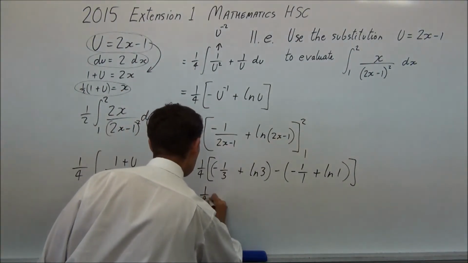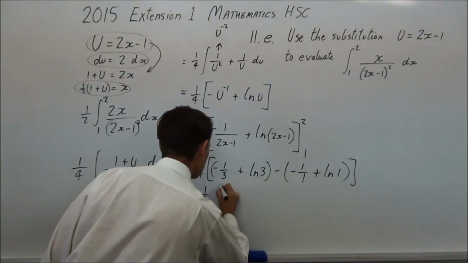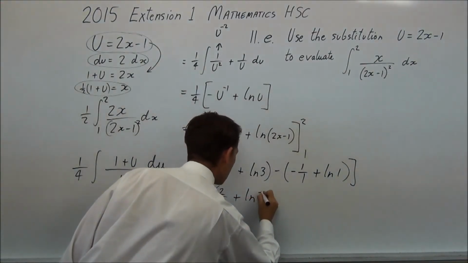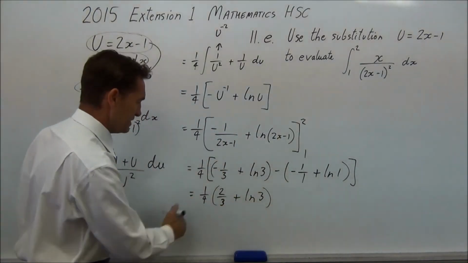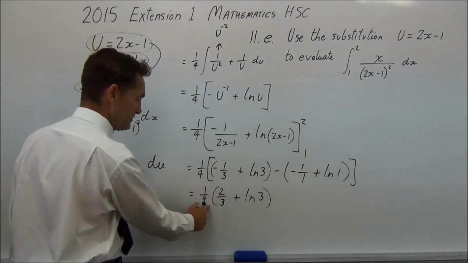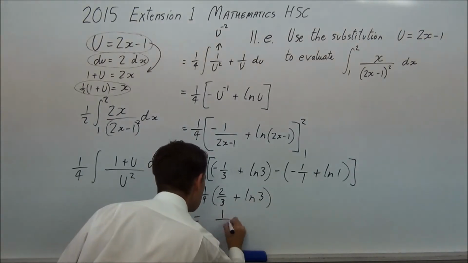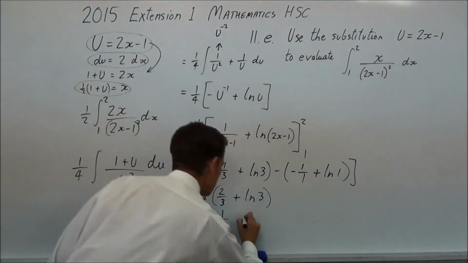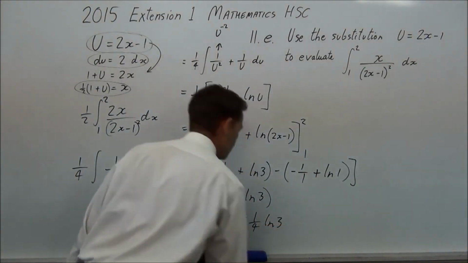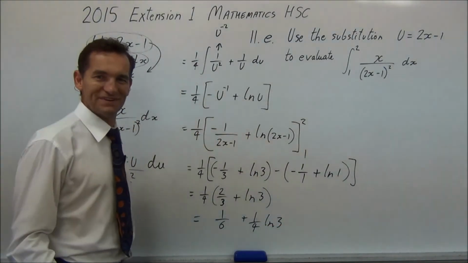So I'm going to have a quarter times 2/3 plus log 3. And you could take it another step. A quarter times 2/3 is like 2 over 12 or 1 over 6. And then just a quarter log 3. And you're done.